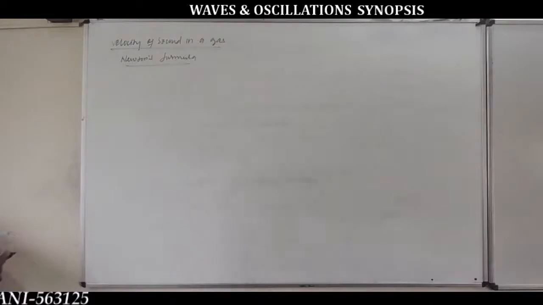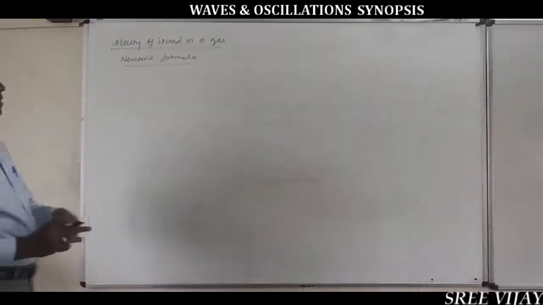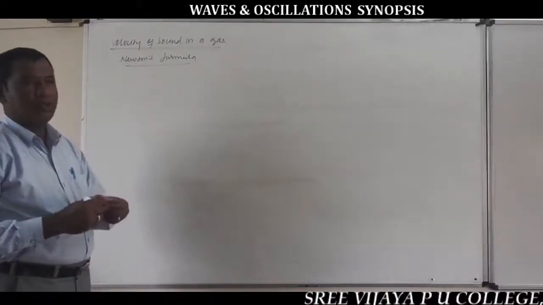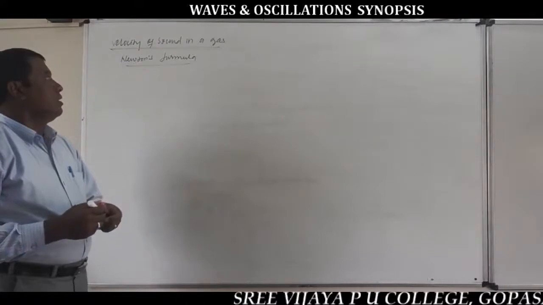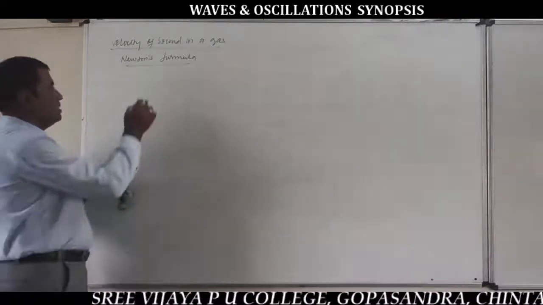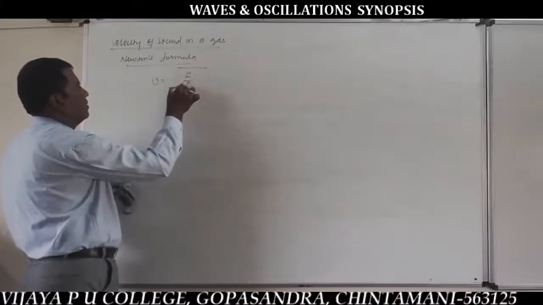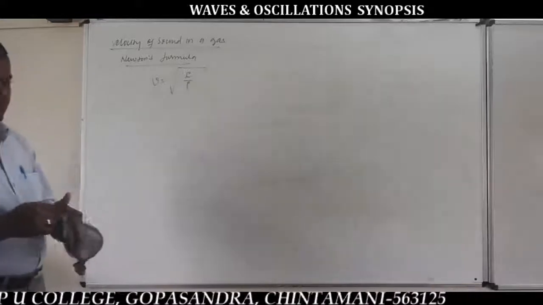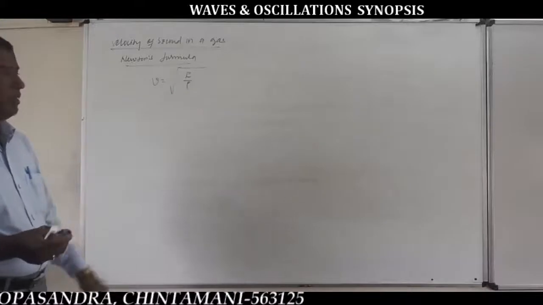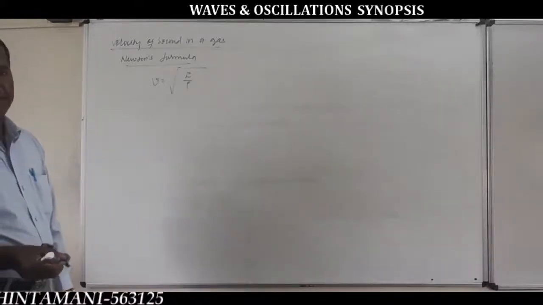Velocity of sound in a gas. Newton's formula. Newton has given an expression for the speed of sound in any medium, which is given by V is equal to square root of E by rho. As we have considered in the previous case, E is the modulus of elasticity of the medium and rho is the density of the medium.